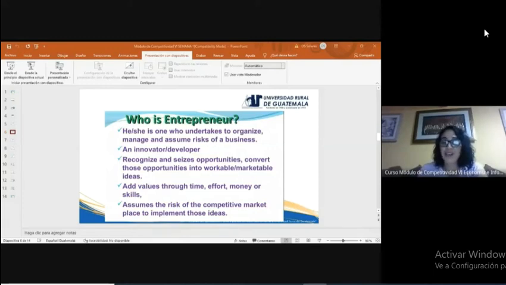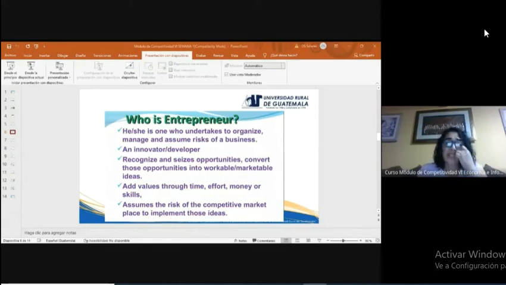And here we have some functions that the entrepreneur has. Number one is innovation. All of us are innovating something, materials. We are creating products. We are using new resources and creating a lot of innovation, probably building new merchandise to fulfill the needs of a lot of people.